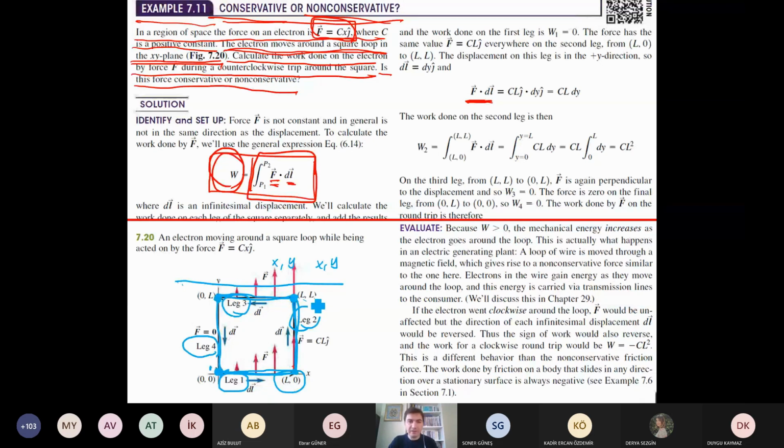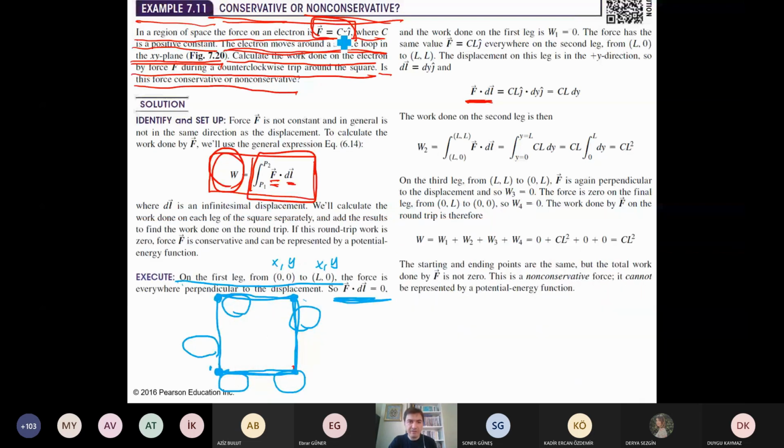Then I will calculate this F·dl. So what about the direction of the force? Look at this expression: F is given as a constant number, C, times X times J. This is the unit vector along the y-axis. So the force will always be along this direction, and it is non-constant because X changes.